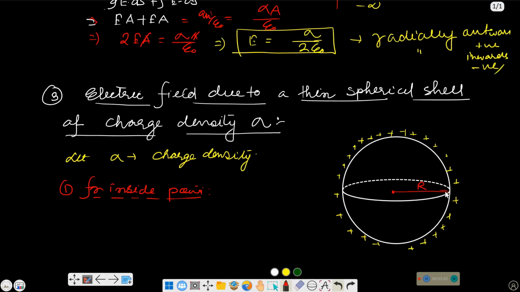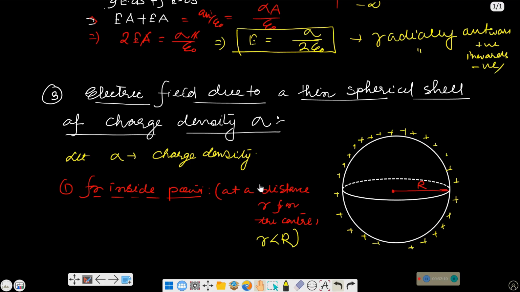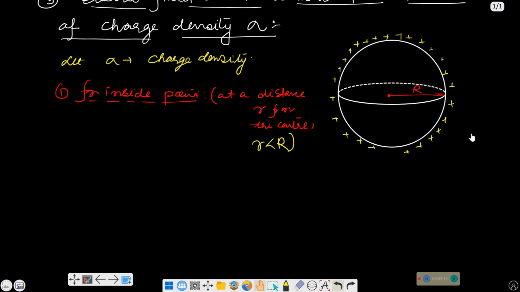Then for any inside point at a distance r from the center, here r is less than capital R. It shows we are calculating the electric field for a point inside the spherical shell. Okay, so for this, let me take one point.